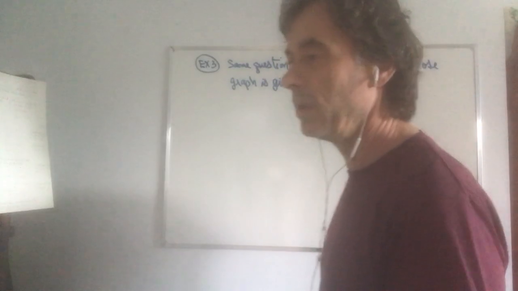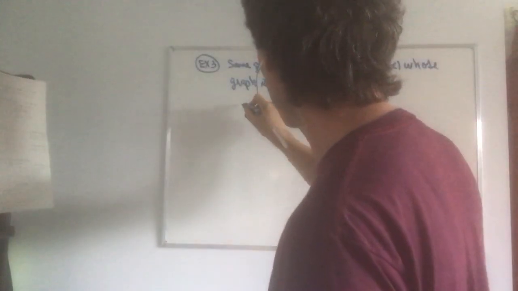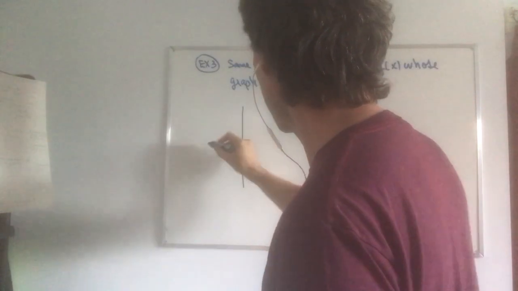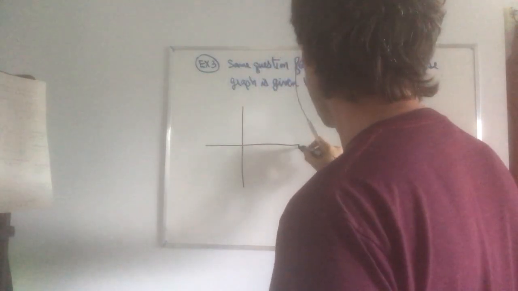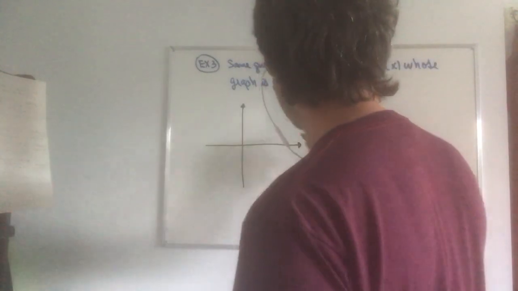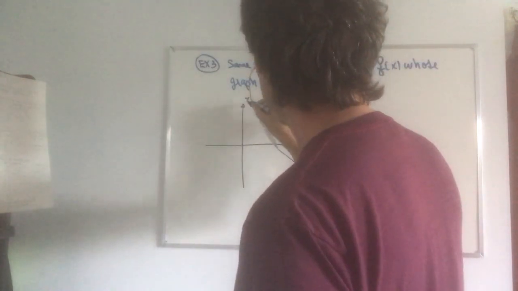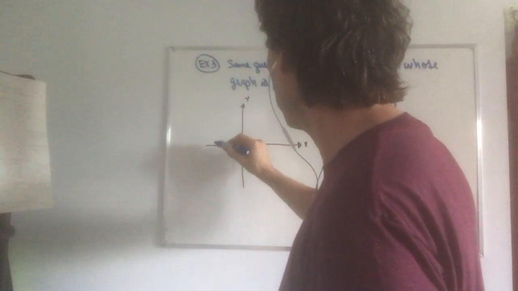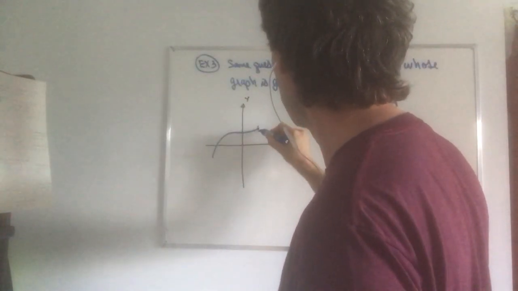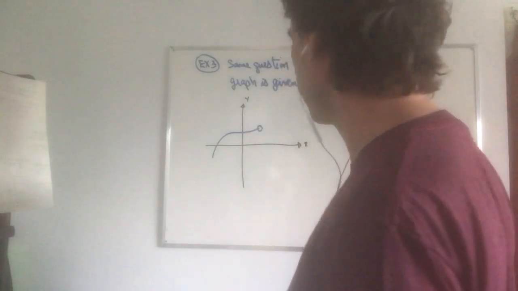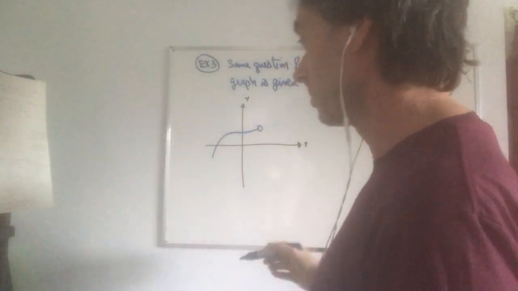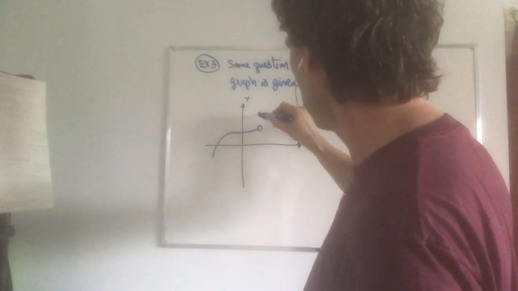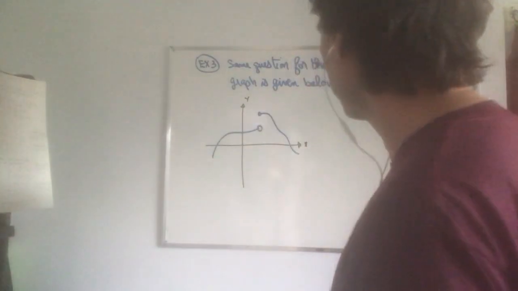What do we have here? Well, a set of axes, first of all, and an x and a y. Now, what do we have? Let's have this, and then this.